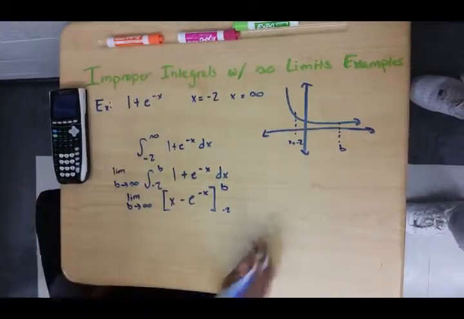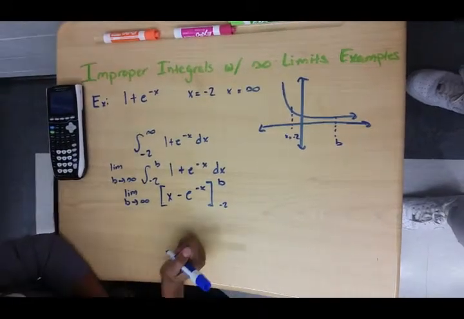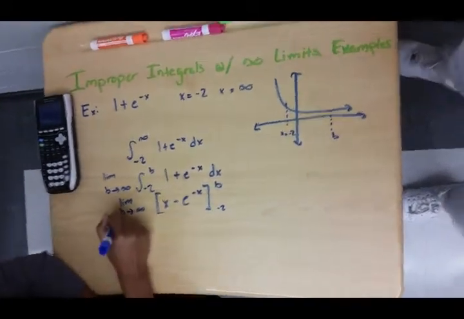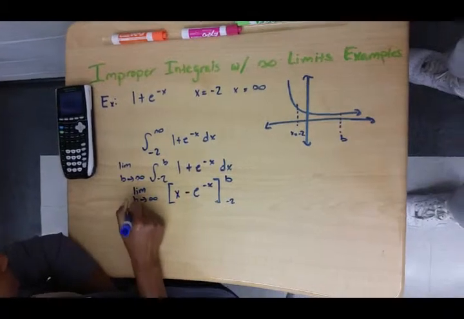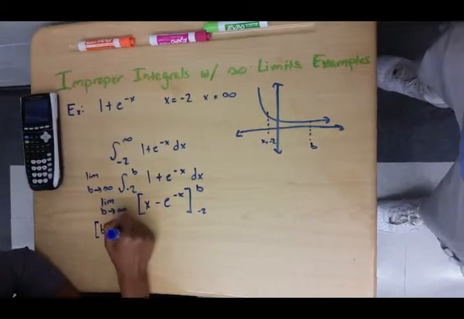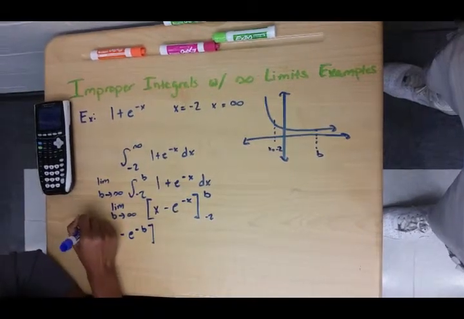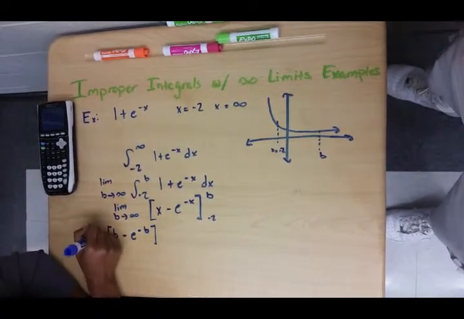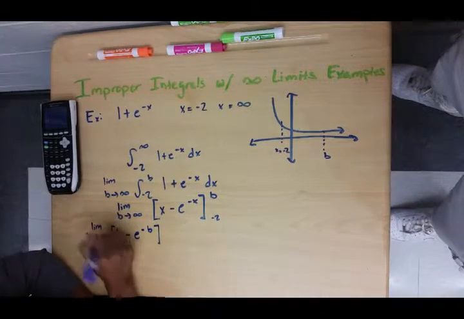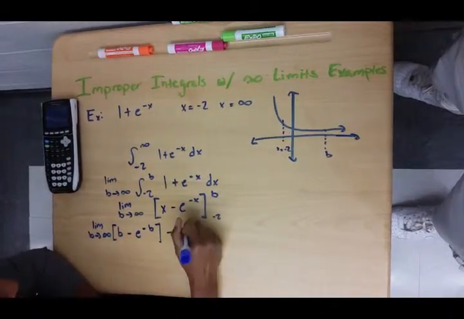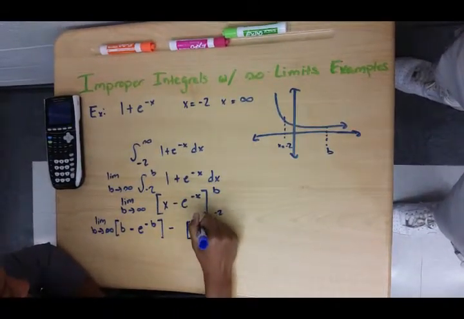Okay, and let's continue. So we're going to go ahead and plug in b here. I'm just going to do a bunch in brackets. And since this has a b in it, you put the limit as b goes to infinity in front of it. And then you subtract negative 2.